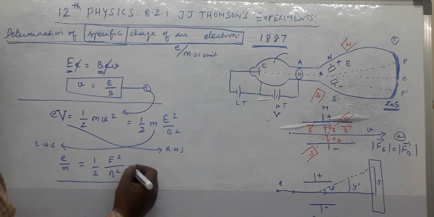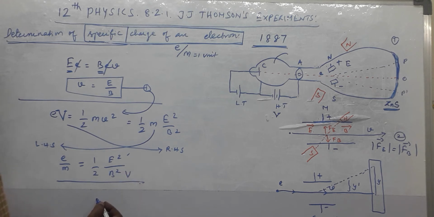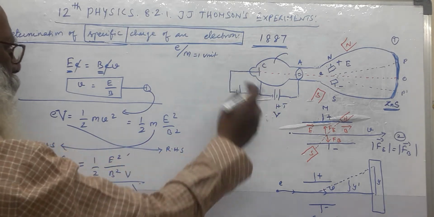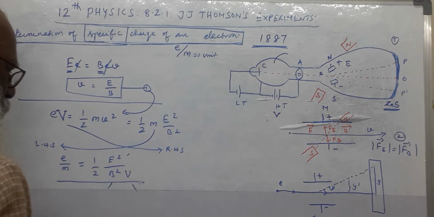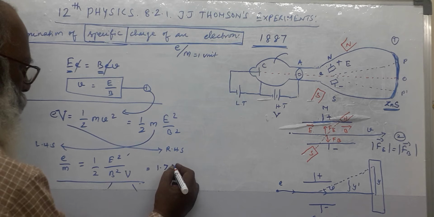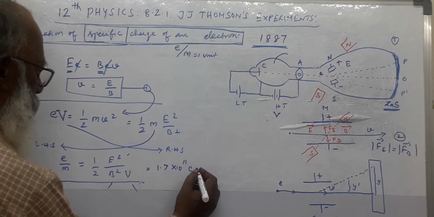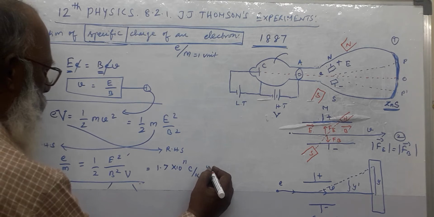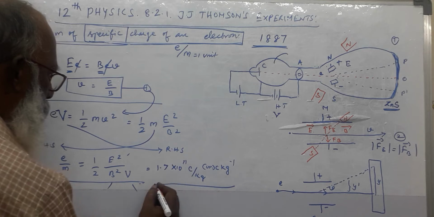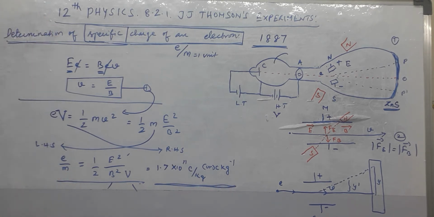Here in this equation we know the value of the applied electric field, the applied magnetic field, as well as the potential applied between the anode and cathode terminals V, so he finds the value equal to 1.7 into 10 power 11 coulomb per kilogram, or coulomb kilogram power minus 1. This is the answer that he got for the specific charge of an electron.